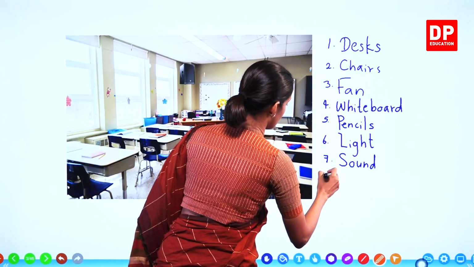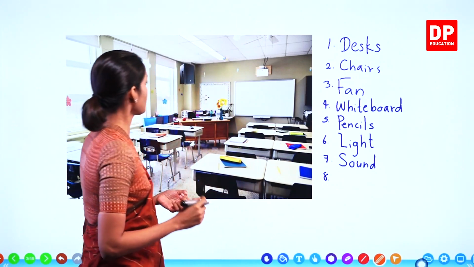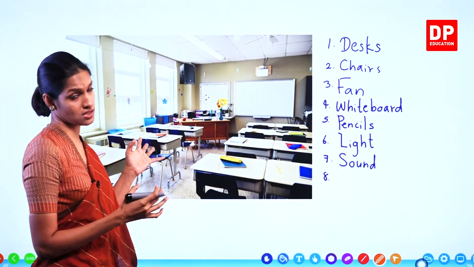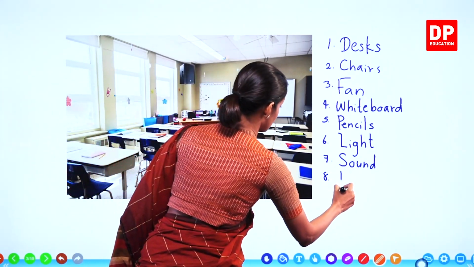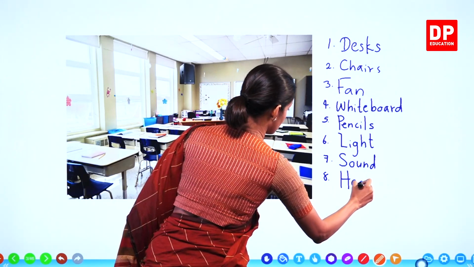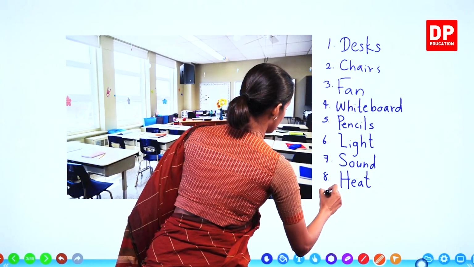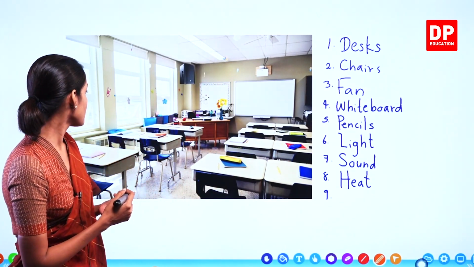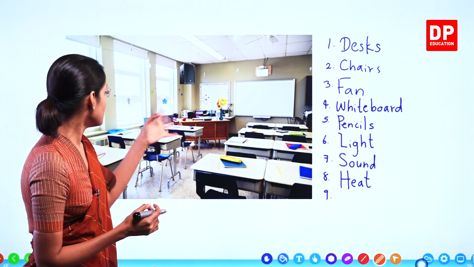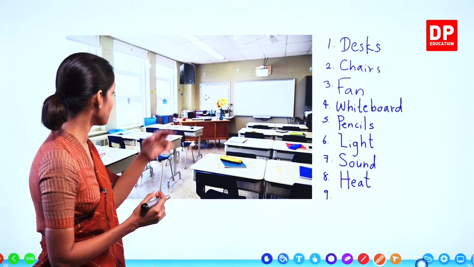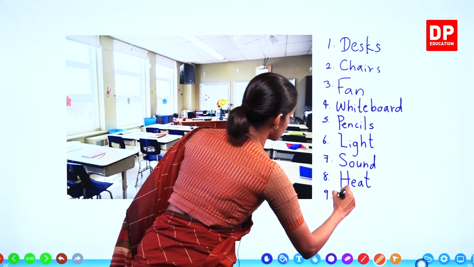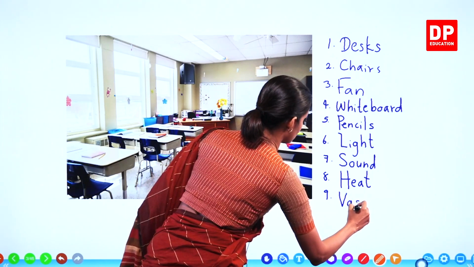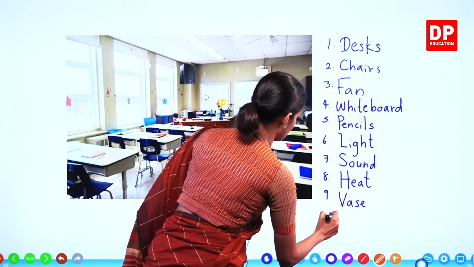Okay. And heat. I mentioned that as well. What else? What are the other things we can see? I can see the teacher's table and the flower vase. I will take the vase. 10.